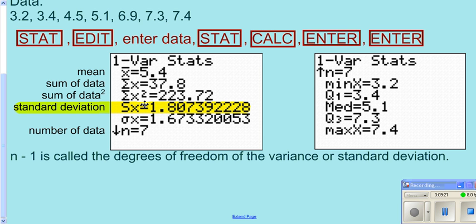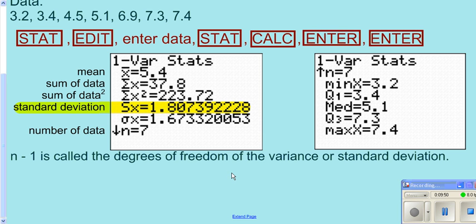Your standard deviation on your calculator is the S with the X after it. Do not use this one here. Remember, your standard deviation is always this number here, the SX. Now, the number of data you have is what n is. When you arrow down all the way, it gives you your minimum, your first quartile, your median, your third quartile, and your maximum.